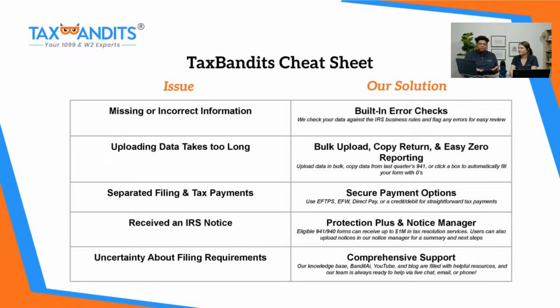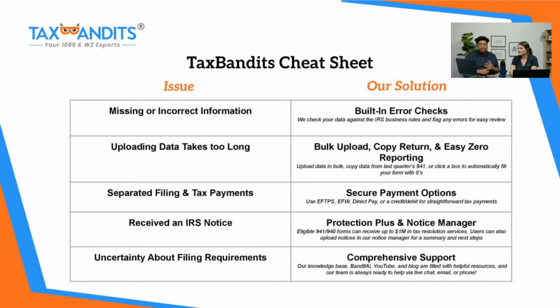All right, so here's our TaxBandits cheat sheet full of common issues that you may experience when filing the 941 form and how our solution best tackles those issues. For instance, we have missing or incorrect information, such as a missing EIN or an incorrectly inputted EIN or business name.